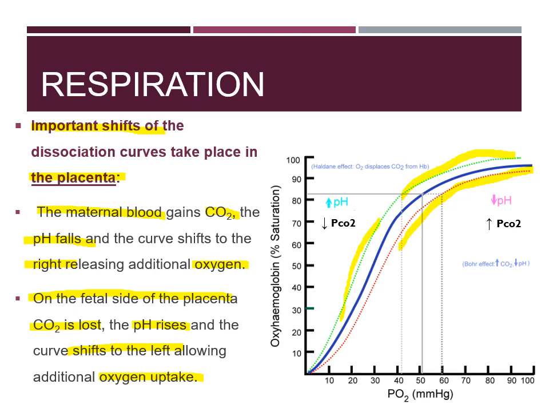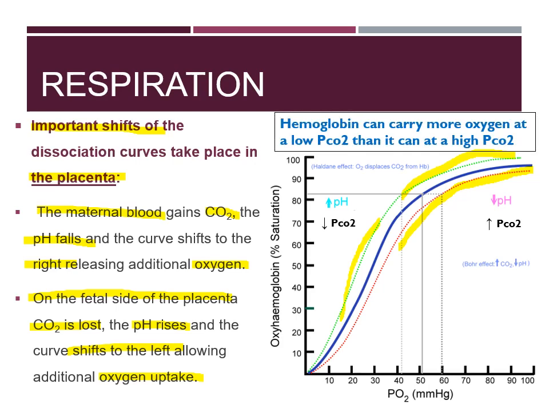So the double Bohr effect here enhances more and more oxygen delivery from the maternal to the fetal circulation. Okay, so even at low oxygen gradient, this will enhance the oxygen delivery.